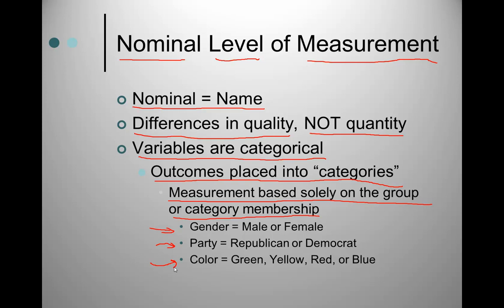The question is either true, yes it is, or it's not. It's a false statement. And the student has to be able to differentiate that based on their ability and their knowledge of what we're testing. There's no in between. So that is the nominal level of measurement.